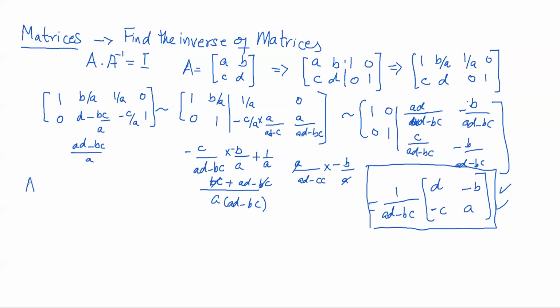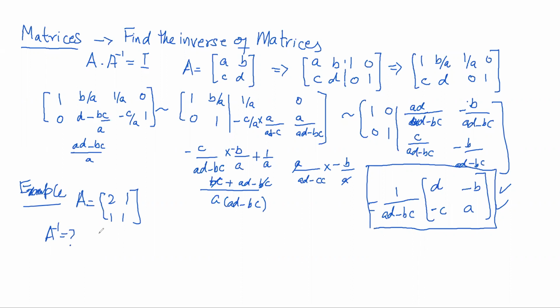So anyway, as a numerical example, let's say the matrix is something like this. Example: if you have a 2 by 2 matrix A, which is 2, 1, and 1, 1. Okay, we want to find its inverse.